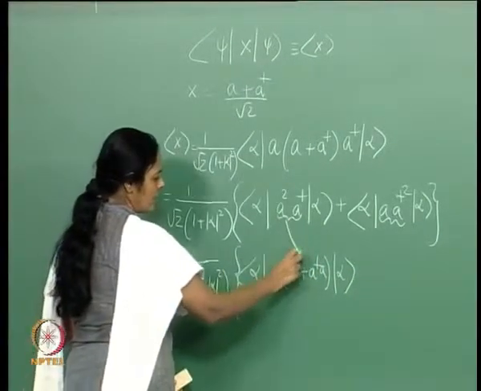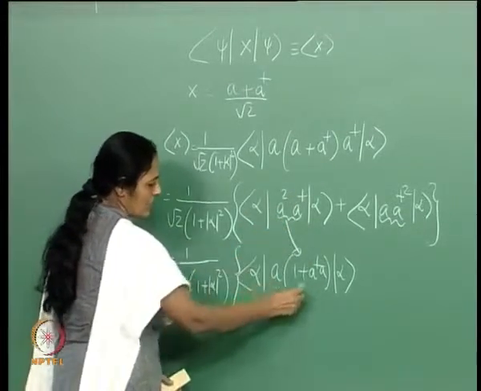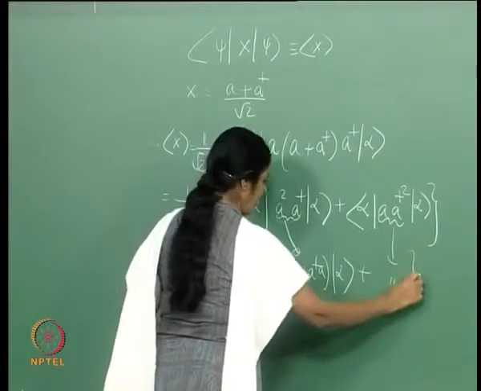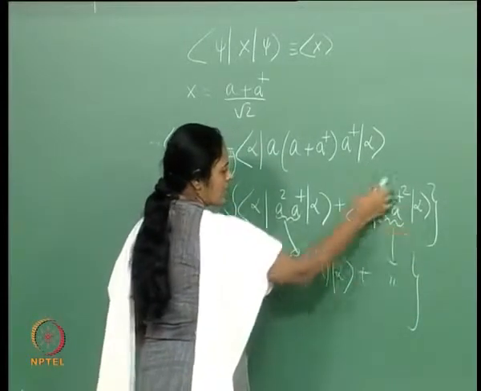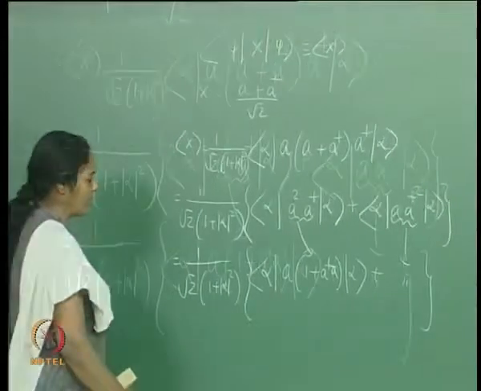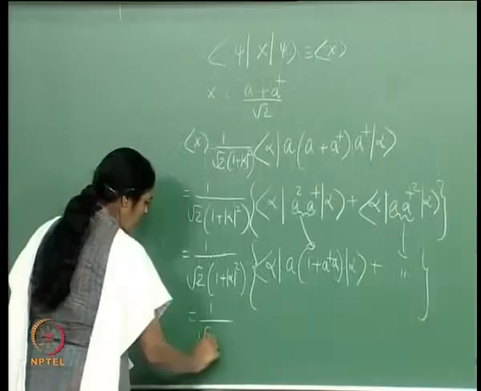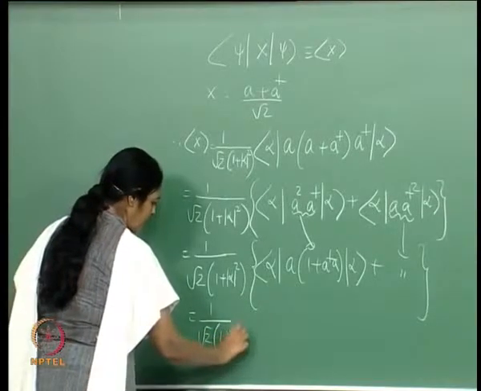So, I have just written this operator out here plus this operator. So, this number is the complex conjugate of that number. And what do I get here? That is 1 by root 2 1 plus mod alpha squared.